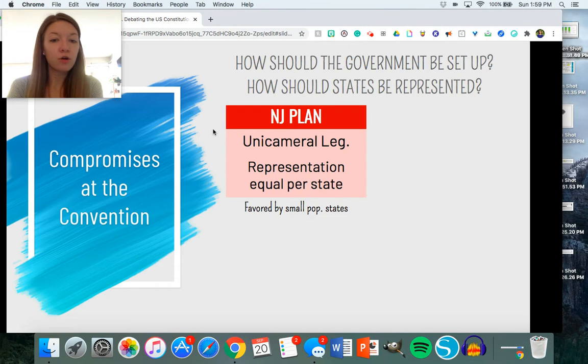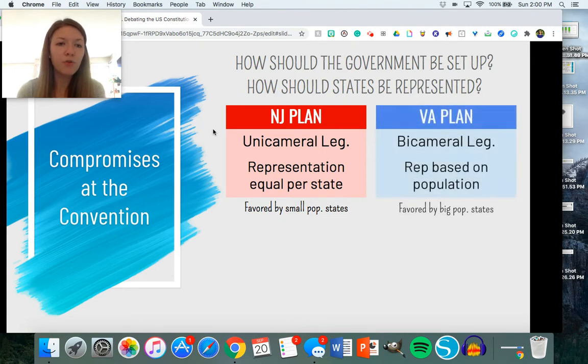So no matter the state's population, there would be the same number of representatives. Now, this is going to be favored by your sparsely populated states, your smaller states, because they felt as though that would give them an equal say, an equal footing to those states that had more people.